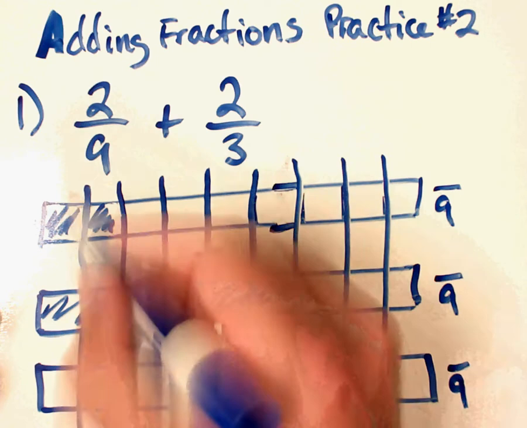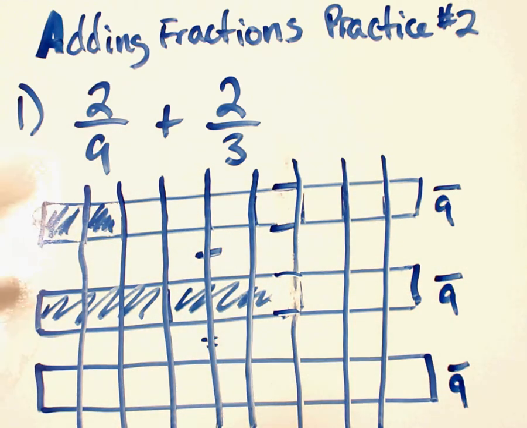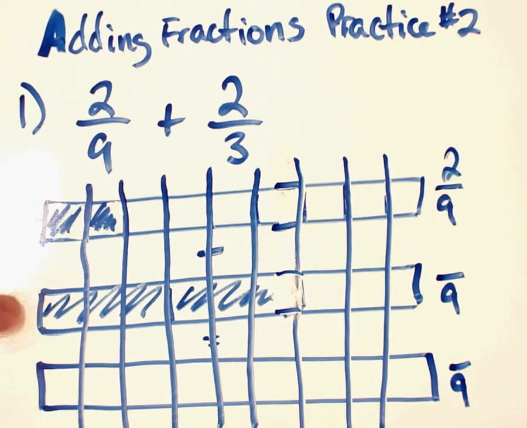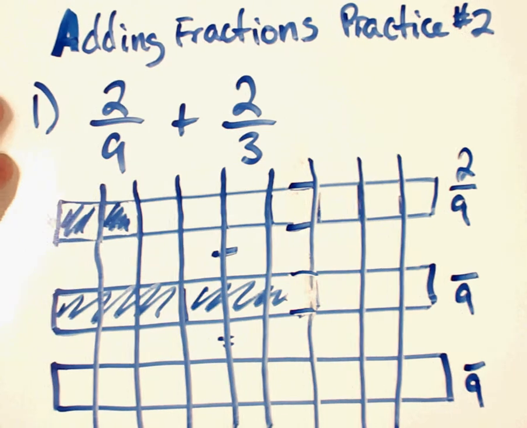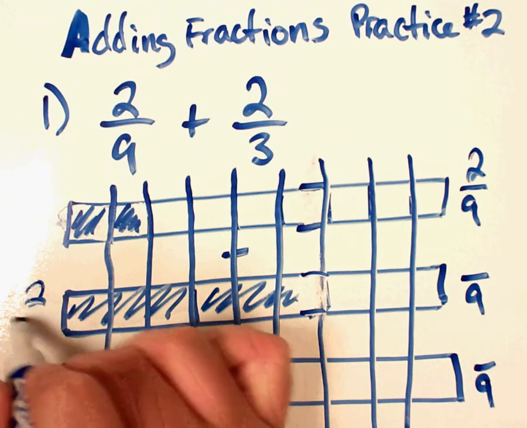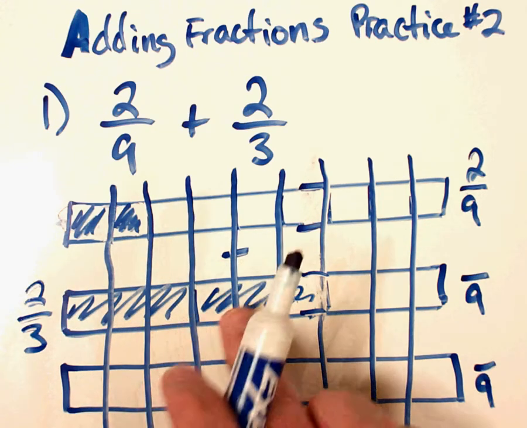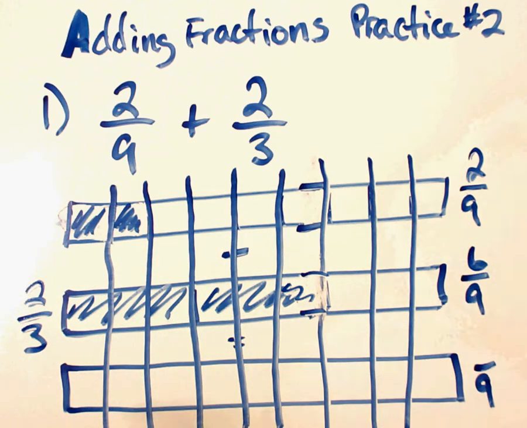And because my lines all line up between my two fractions that I'm adding, my 2/9 stays the same, but now my 2/3, which is what I started with here, my 2/3 now has become 1, 2, 3, 4, 5, 6 ninths.